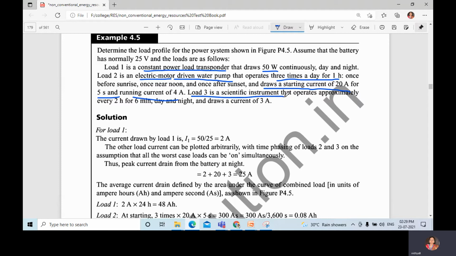Load 3 is a scientific instrument that operates approximately every 2 hours for 6 minutes, day and night, and draws a current of 3 amps.